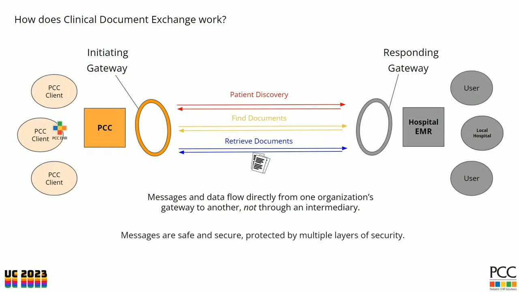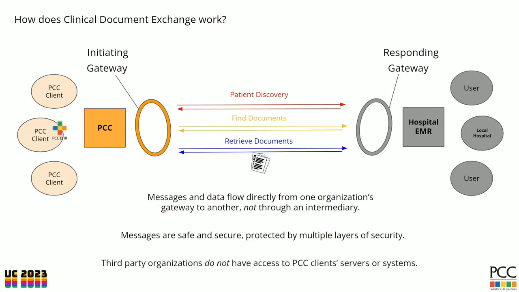Messages are safe and secure. There's encryption involved, certificates, digital signatures that ensure that when you receive a message that it hasn't been tampered with since it left the other gateway. So there's a lot of layers of security involved in this.